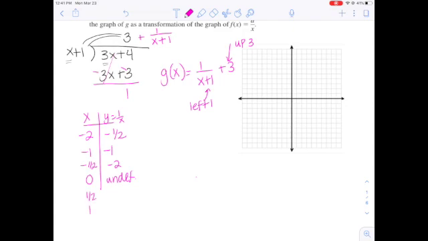And 1/2, 1, and 2. And so our parent graph would look like an asymptote at x equals 0, another asymptote at y equals 0, and your parent graph would look like this: your 2 branches in the first quadrant and in the third quadrant.